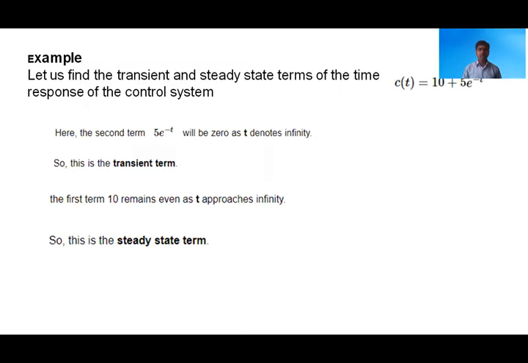The idea behind finding c of t in terms of transient and steady state responses is that we can find the transient behavior of the system when the time changes. After that, it will reach a stable value or a final value and remain the same for a long time, which is called the steady state. So any system, when you give the input, won't change its value suddenly, it won't respond instantly.